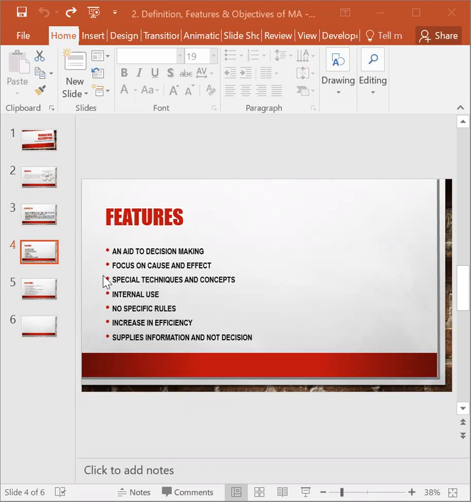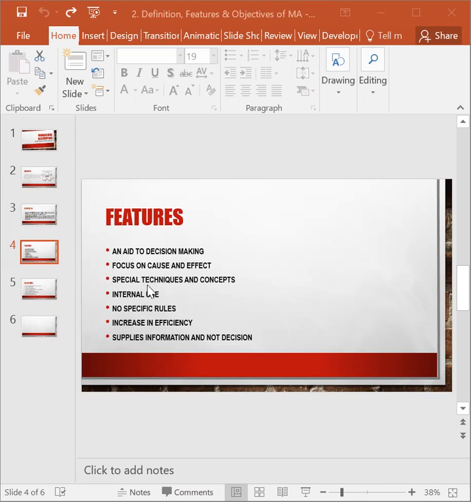If there is a profit, the management accounting will look at the factors which have actually affected the profit, which have helped in increasing the profits of the organization. So we see the cause and effect analysis in management accounting.